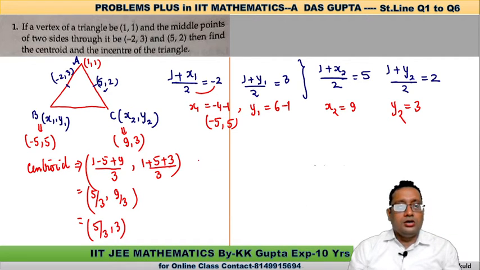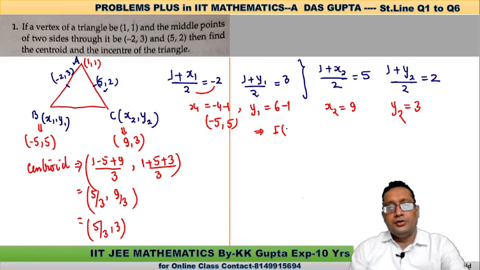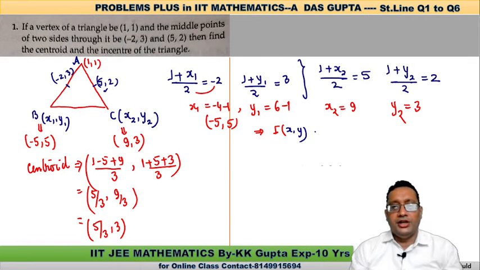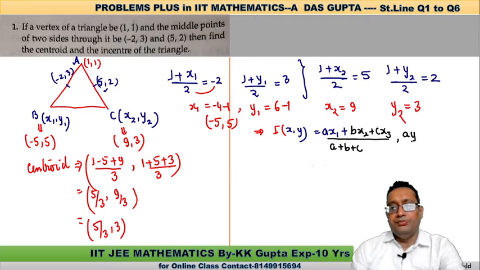Now we have to find the incenter. The incenter formula, as we know, is I(x, y) equal to (a x1 plus b x2 plus c x3) divided by (a plus b plus c), and again (a y1 plus b y2 plus c y3) upon (a plus b plus c).